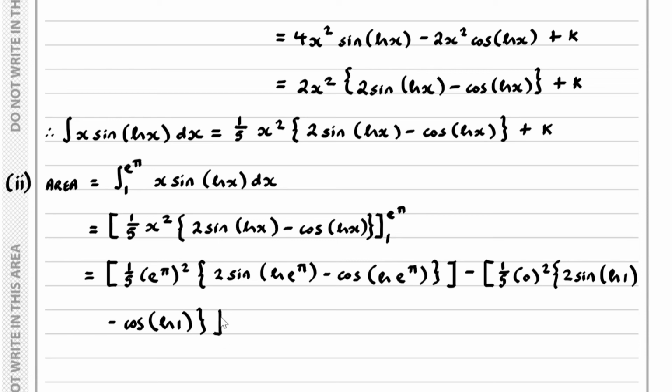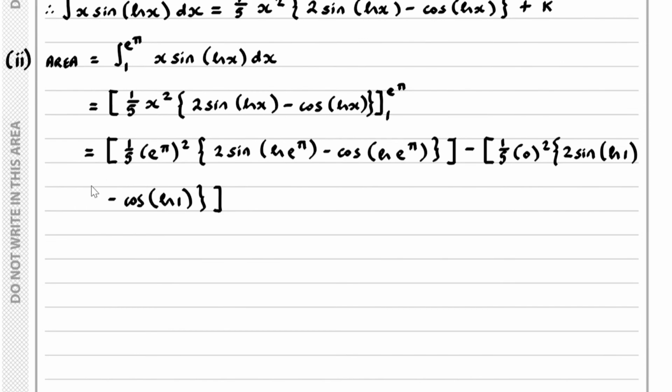And then let's evaluate this. So I've got here 1/5 e to the 2 pi, because I've got e to the pi squared, and then inside this bracket I've got 2 times the sine of, now here I've got the natural log of e to the pi, which is just pi.